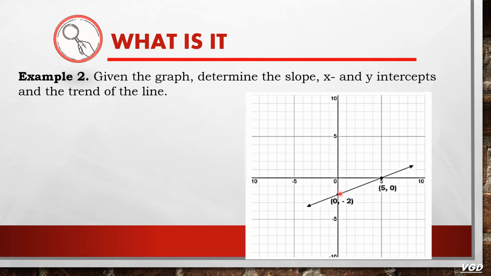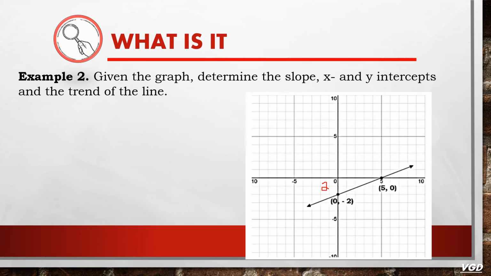Because padung man ta sa point nga 5, 0. So saka ta mo count tag pataas tungod sa 0, negative 2 ug tungod sa 5, 0 nga ordered pair. So let's count 1, 2. So from there, that's the rise, which is 2.